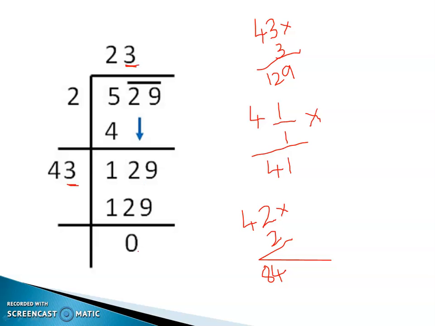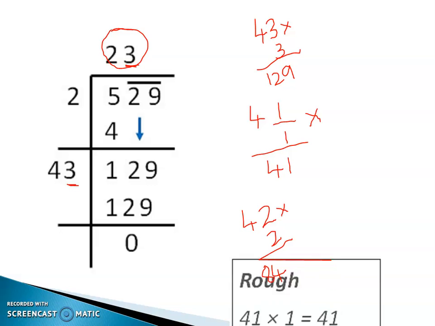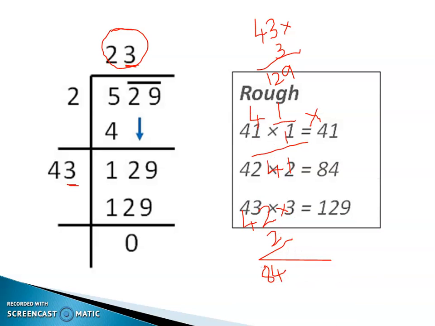The remainder is 0. So the square root is 23. This is the box. Whatever I showed you writing here, it is there in this box. Clear? So the square root of 529 is 23.